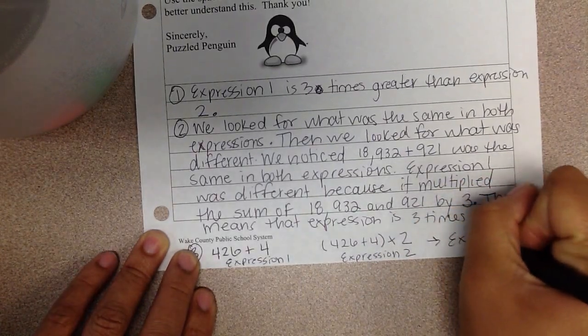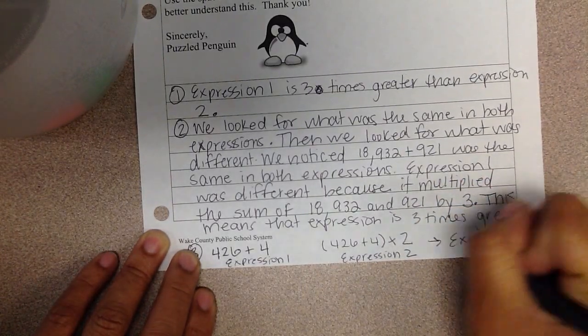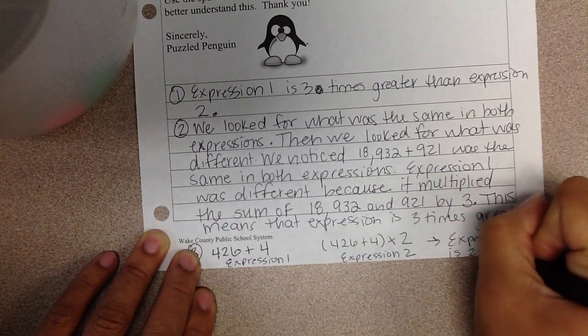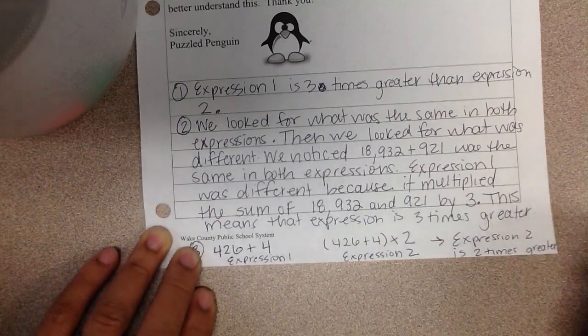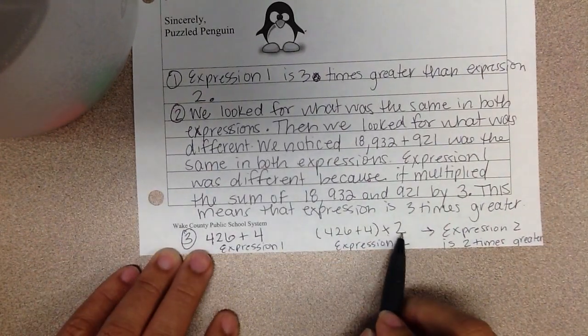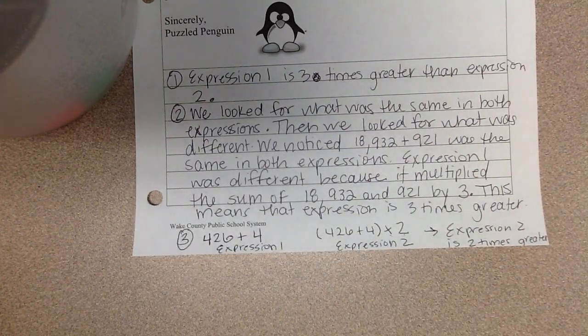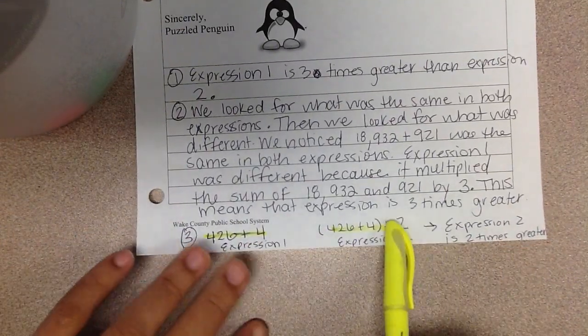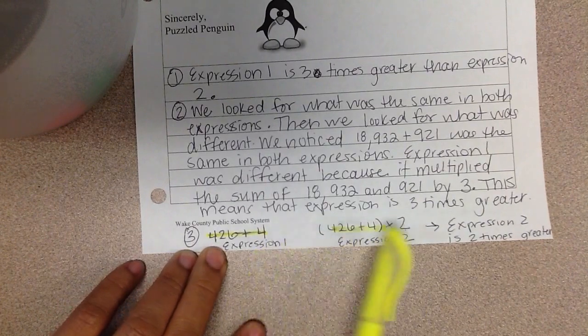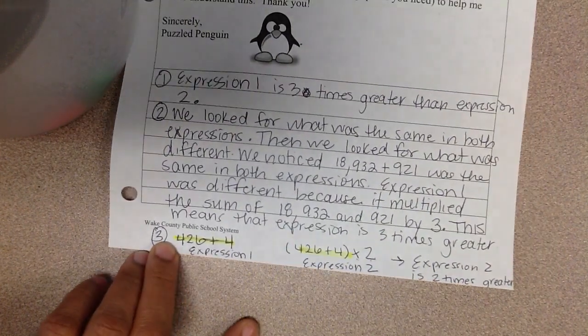Expression 2 is 2 times greater. Why? Because it has times 2 over here on the side. And 426 plus 4 is the same in both. Expression 2 just has another times 2 of that value, which means it's 2 times greater.